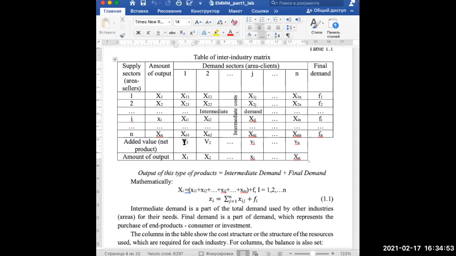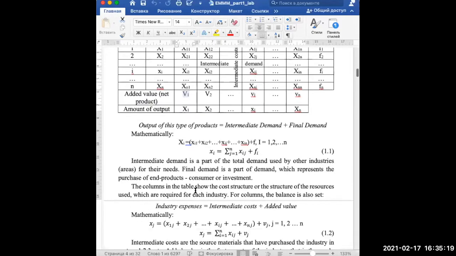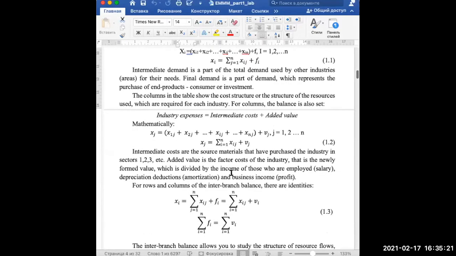So what does it mean, V? To produce some amount of products of the first branch, for example, we need to spend money for delivering raw materials, and then we also need to spend money for amortization, for salary, and you can find it in this place.